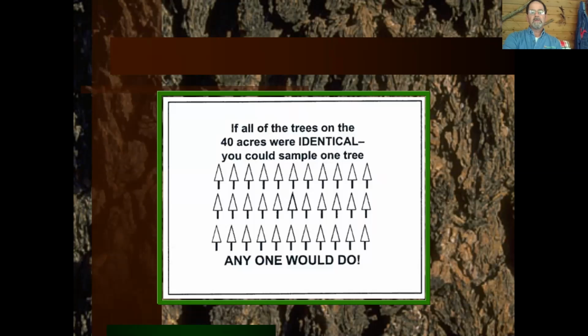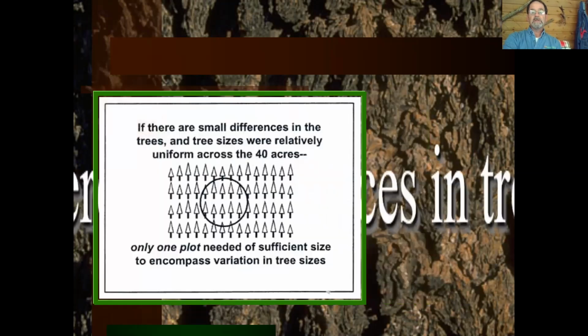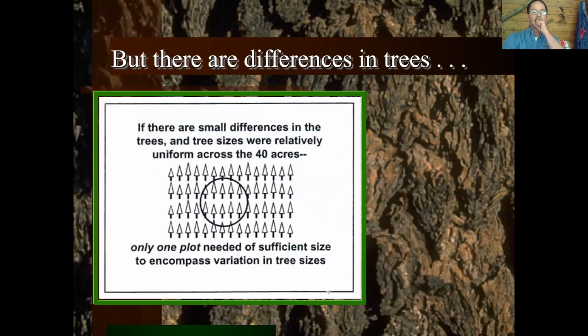If all the trees on the 40 acres were identical, in other words, if we could clone the trees, then all we'd have to do is inventory one tree, get the diameter and height of it, and then expand that for the entire stand. But of course, we know that's not the case, that there are differences between the trees.